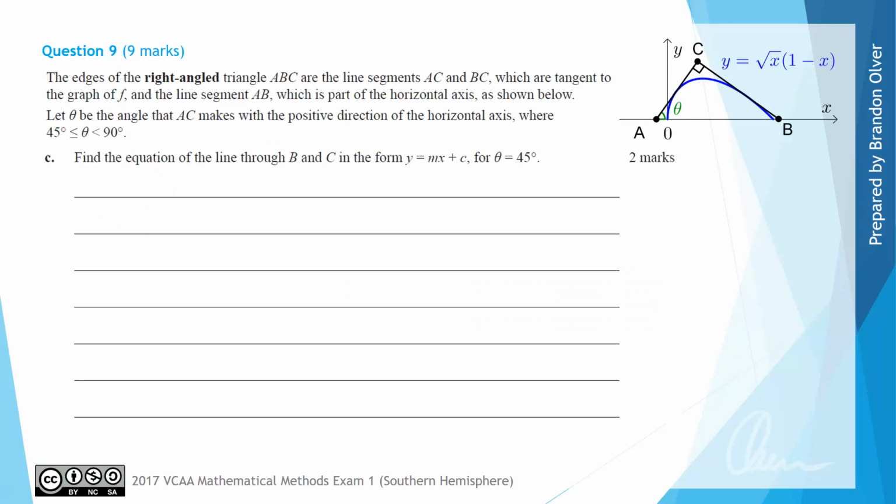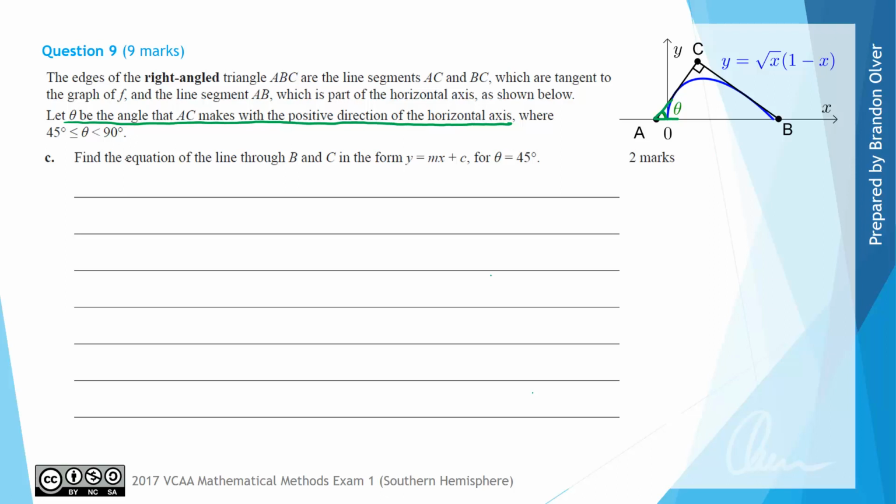The edges of the right-angled triangle ABC are the line segments AC and BC, which are tangents to the graph of f, and the line segment AB, which is part of the horizontal axis, and it is shown to the right. Let theta be the angle that AC makes with the positive direction of the horizontal axis, so that's this angle here, which is marked in green, where the angle theta is greater than or equal to 45 but less than 90 degrees.